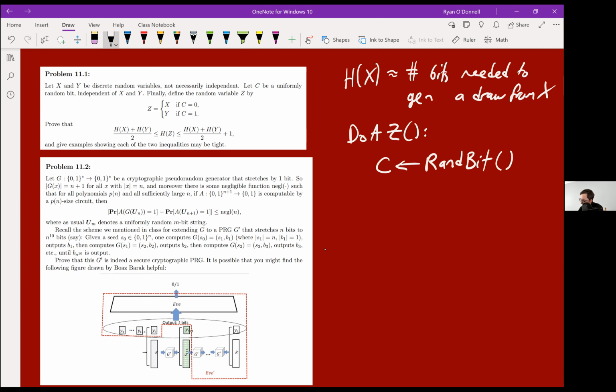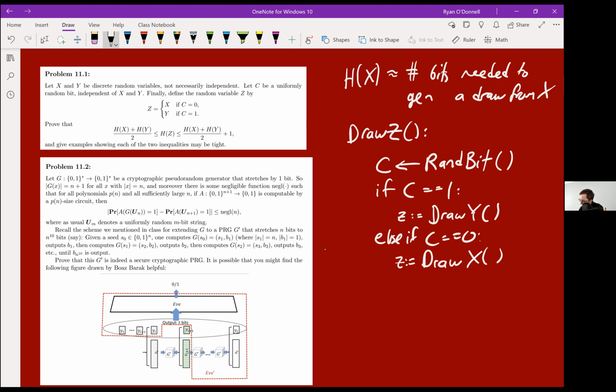Then if c is 1, let's say little z colon equals draw Y. I'll call it draw Z. Else if c is 0, we'll do z equals draw X. And then we'll return little z.